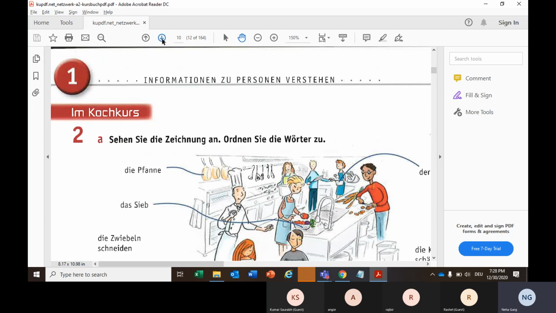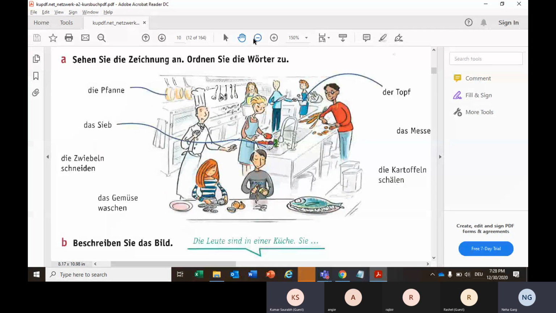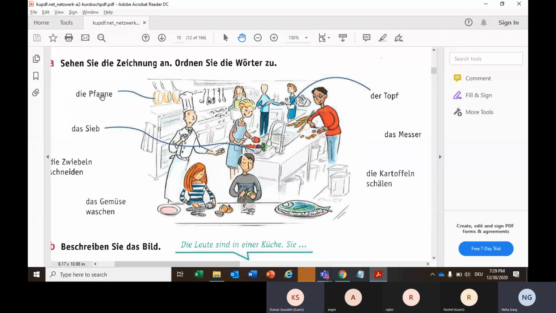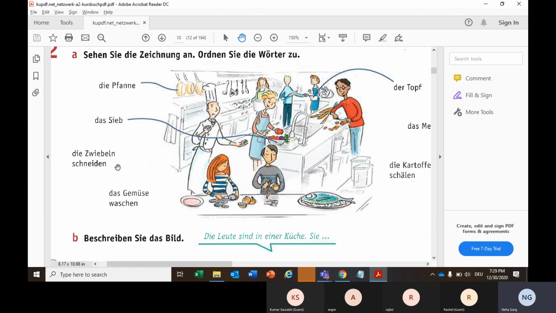Okay, now proceeding further. Here some good vocabulary is there, like the pan, der Topf, das Sieb. Then die Zwiebeln schneiden. Zwiebeln bedeutet onions and schneiden to chop or to cut. Das Gemüse waschen, to wash the vegetables.